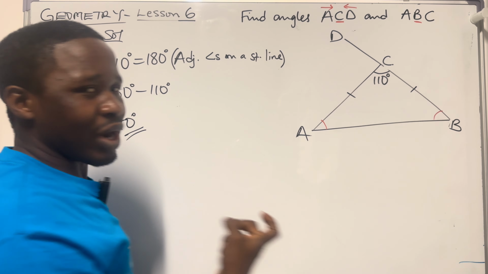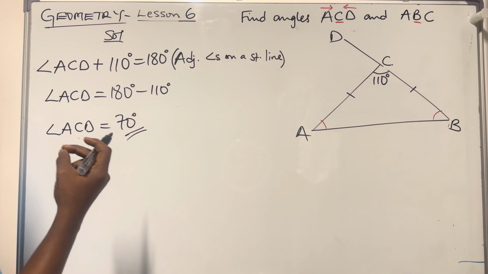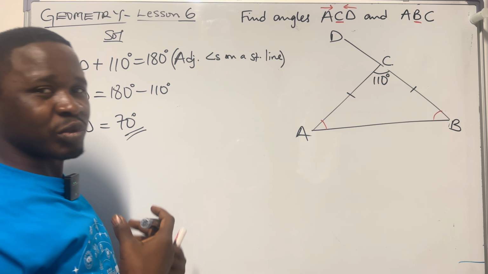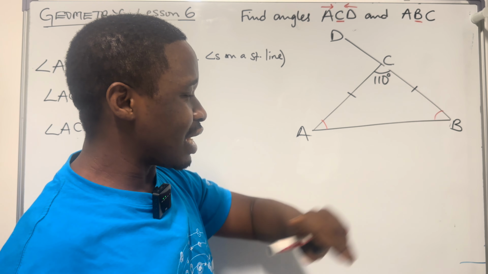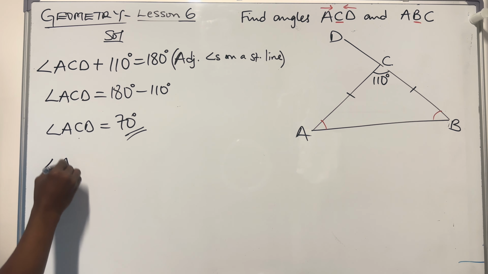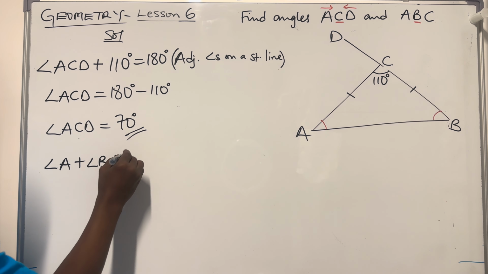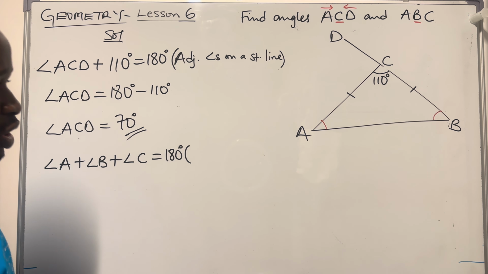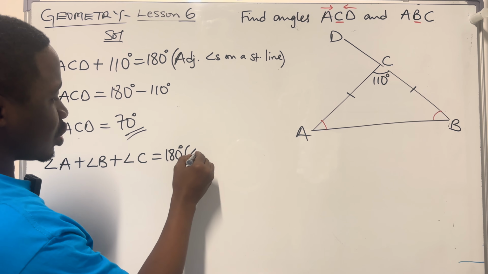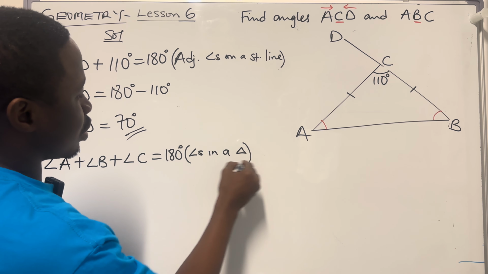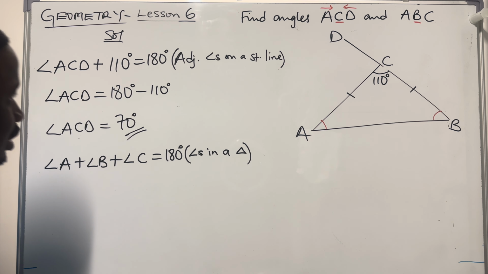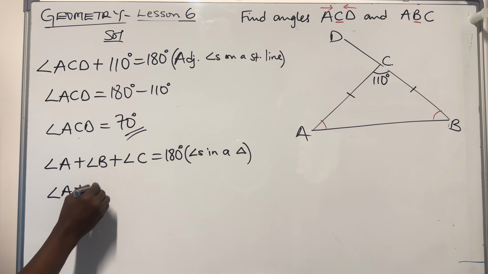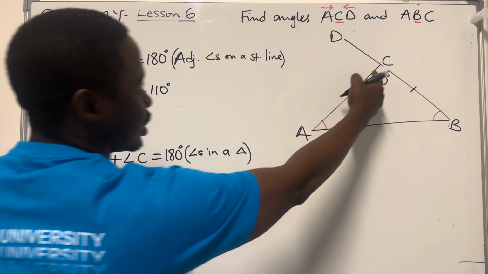Now, since we have only one triangle, we can use the single letter system by saying angle A plus angle B plus angle C sum up to 180, because the sum of angles in any triangle is 180. Angle C is 110.